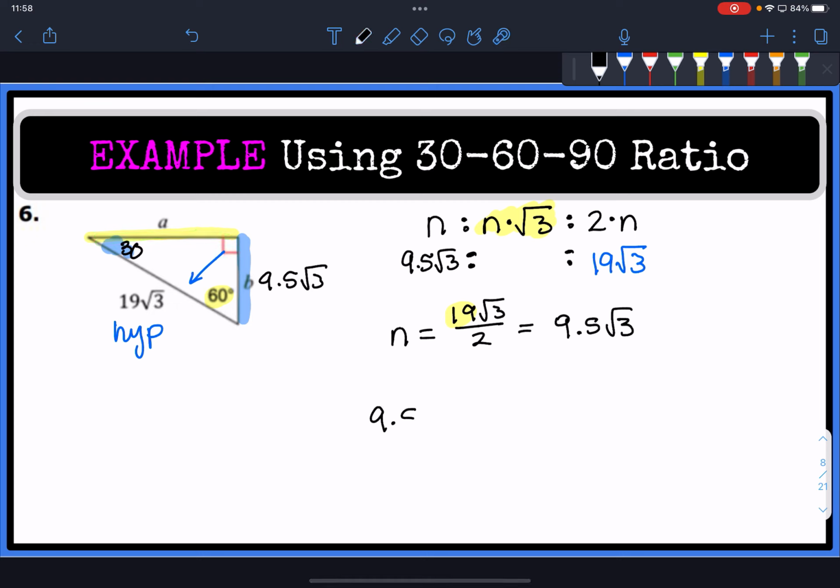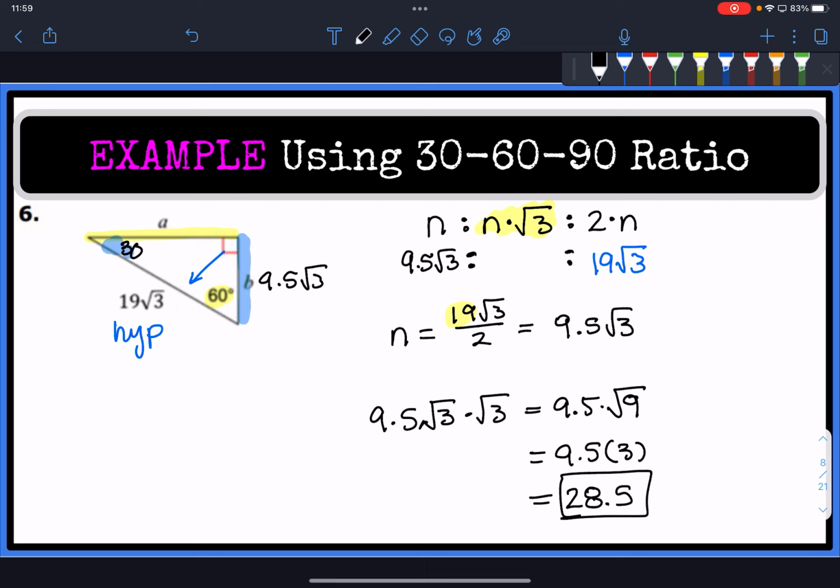So 9.5 times radical 3 times another radical 3 is 9.5 times the square root of 9. Since the square root of 9 is 3, we multiply 9.5 times 3, which ends up equaling a total of 28.5.